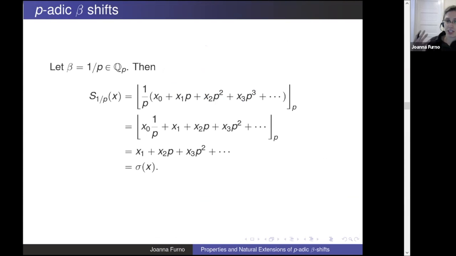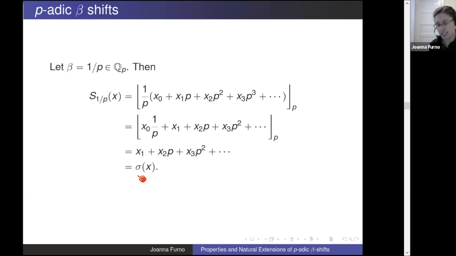And again, in general, for any prime p, if you take your beta to be 1 over p, what happens? You multiply it through. That first coordinate ends up being the fractional part that you drop when you take the integer part. And so all your coordinates have just shifted over. We'll write this transformation where you just shift all your coordinates over by a sigma.